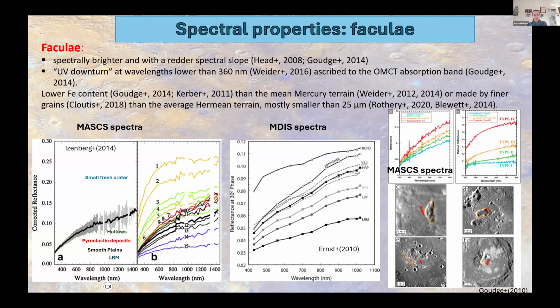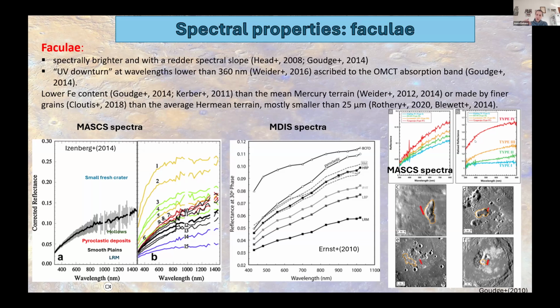Another spectral property of faculae is a UV downturn that you can observe in this image. The spectrum has a sort of downturn for wavelengths lower than 360 nanometers.